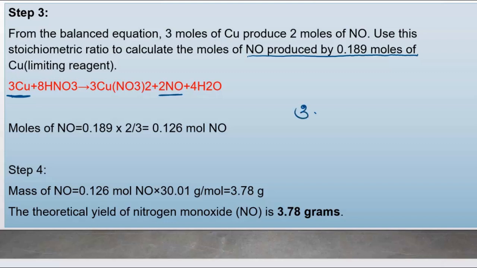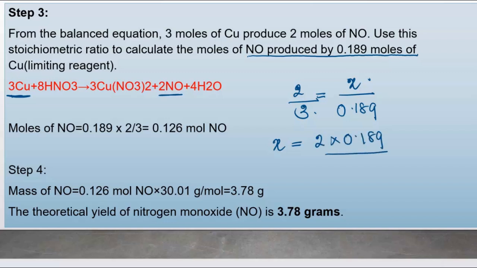So, 3 moles of copper produce 2 moles of nitrogen monoxide. Therefore, 0.189 moles of copper produce how many moles of nitrogen monoxide? Moles of nitrogen monoxide produced is equal to 2 times 0.189 divided by 3. So, that equals 0.126 moles of nitrogen monoxide.